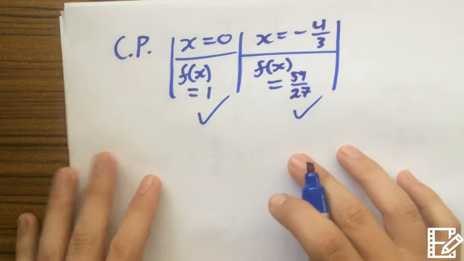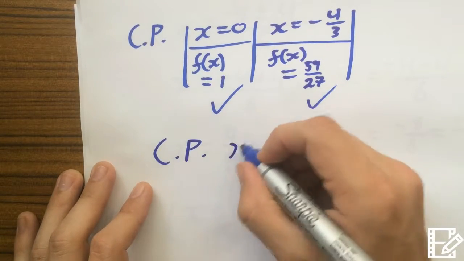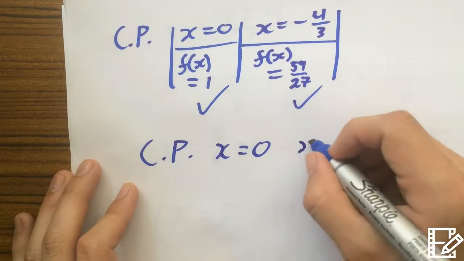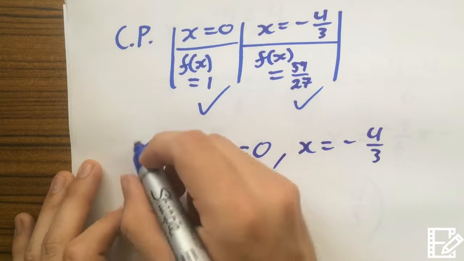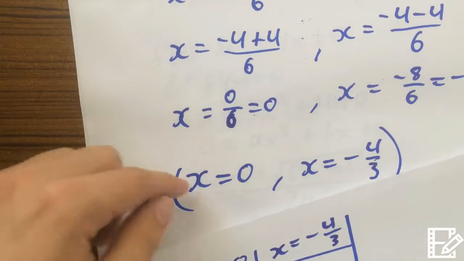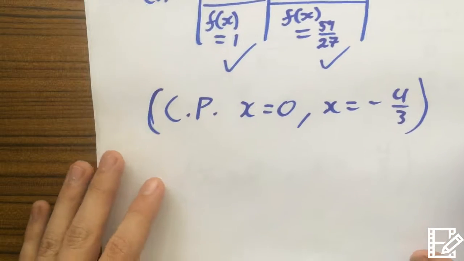These two are critical points. So our critical points are when x equals 0 and when x equals negative 4 on 3. Now I know this is the same as critical numbers, but sometimes you have a ton of critical numbers and not all of them are critical points, so that's why we do this step.